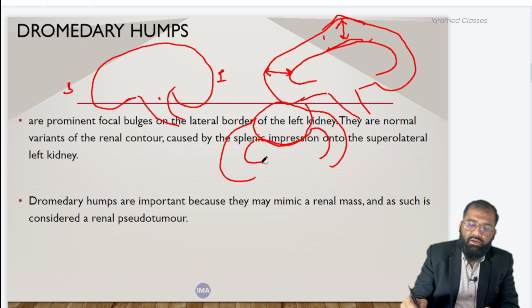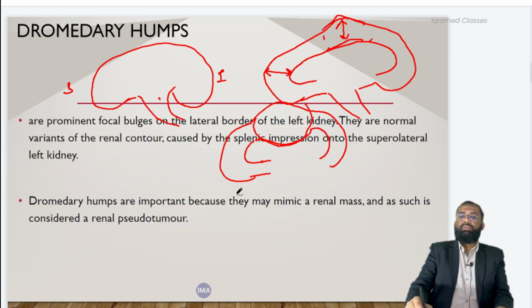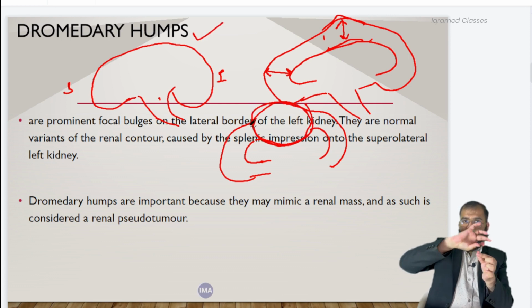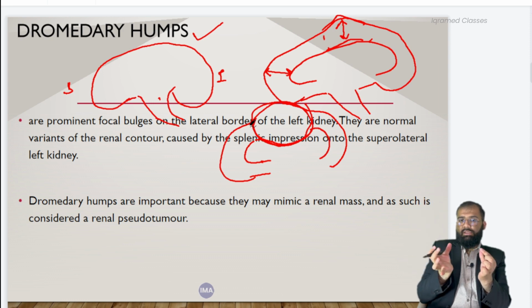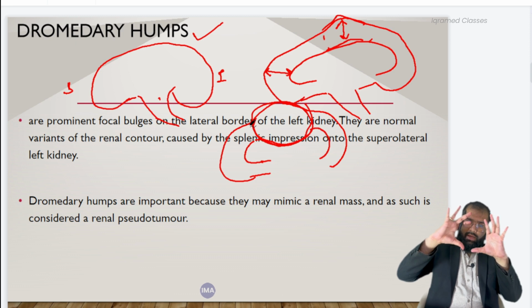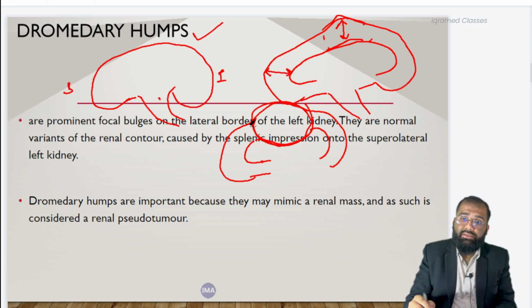So that helps to differentiate whether this is just a dromedary hump or a renal mass. In case of dromedary hump, there is a uniform cortical thickness rim, whereas in case of renal mass, you will find that the cortical thickness increases.